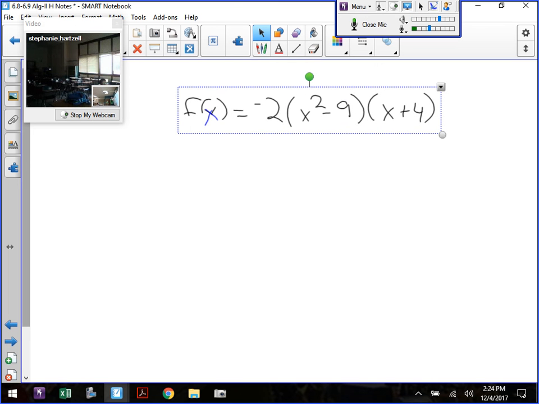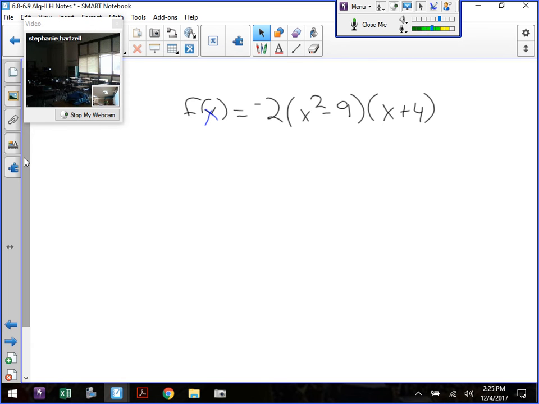Okay. What about this one? F of x is -2 times the quantity x squared minus 9 and an x plus 4. We still have to figure out zeros. We still have to figure out what direction everything's going.